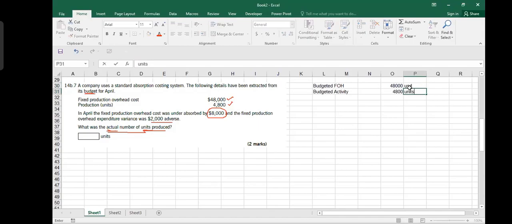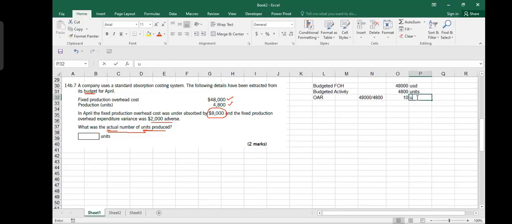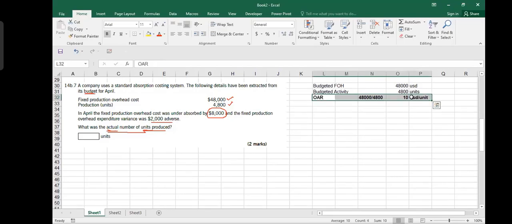So you can say that your OAR should be 48,000 divided by 4,800. So your OAR is $10. You can call it USD 10 per unit. So your fixed overhead absorption rate is $10 per unit.